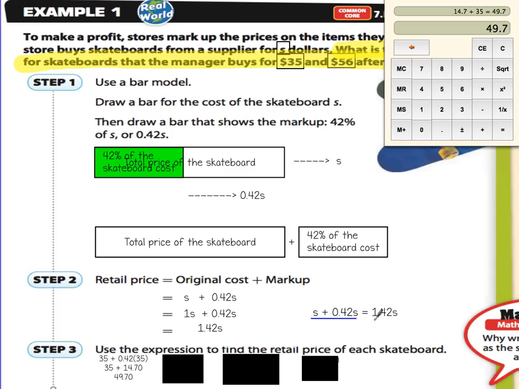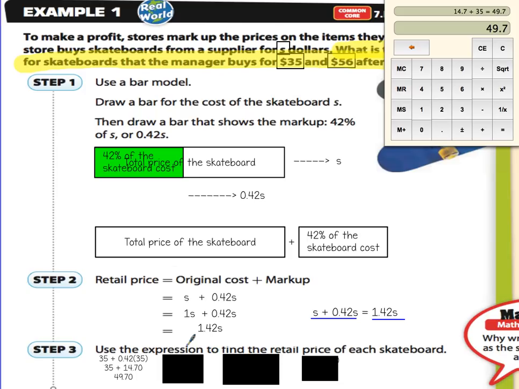Now I can just use this expression right here, the 1 and 42 hundredths times S, and it should get me to this same answer of $49.70. Think about it. He still wants me to pay the $35, but he also wants me to pay more.